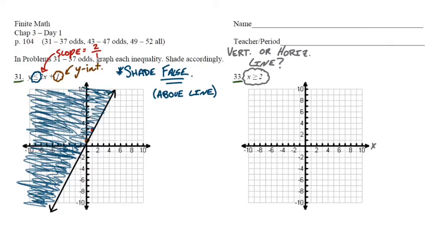So there's the x-axis, we can put a dot at 2. One way to think about it is no matter what y equals, x will be 2, so I could just make a vertical line here at x equals 2. No matter what y is, x is going to be 2, so I can go ahead and make that vertical line.